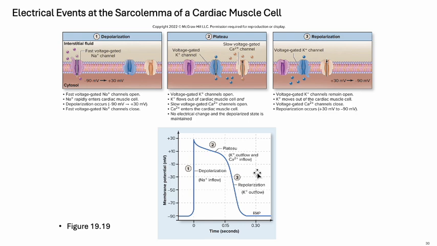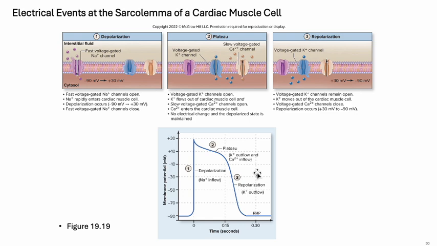Second thing is I want you to think of the direction that the ion is flowing with respect to the cell. Depolarization, it's sodium, and sodium is coming into the cell. So sodium influx. Plateau, potassium and calcium. Potassium leaving slightly, calcium coming in. And then for repolarization, potassium is leaving. It's efflux. And then think about what's happening to the actual voltage of the membrane. Is it becoming more positive?